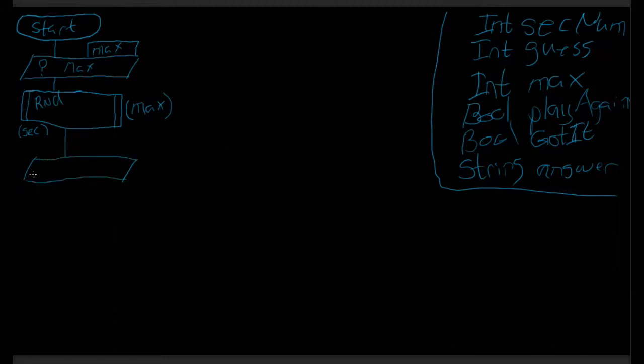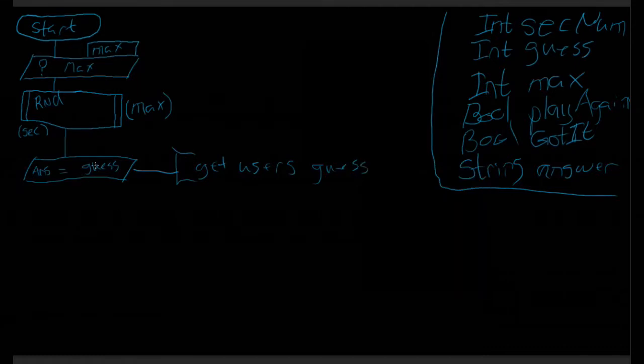So we're going to say ANS for answer equals, and let's say guess, GUESS. So this is an output. They're going to ask the user, get the user's guess.